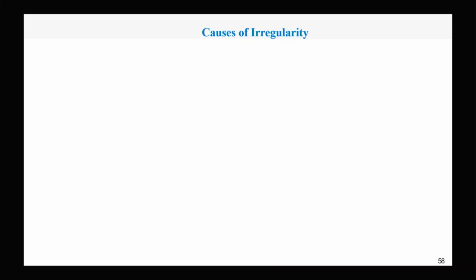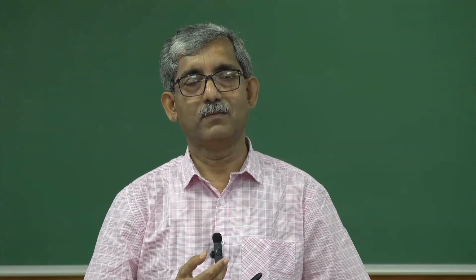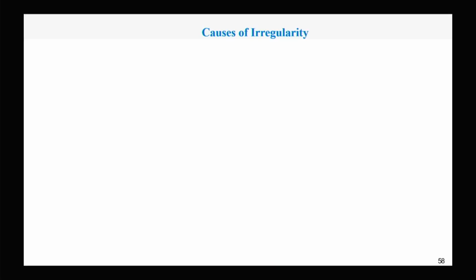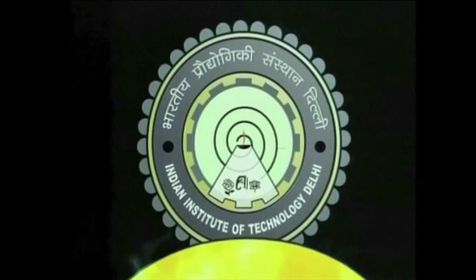Now we will stop here. In the next class we will discuss the further aspects of yarn irregularity or irregularity of fiber mass. Till then, thank you.